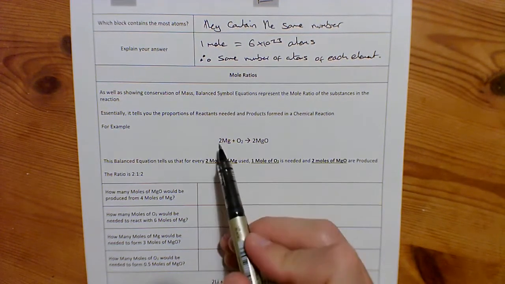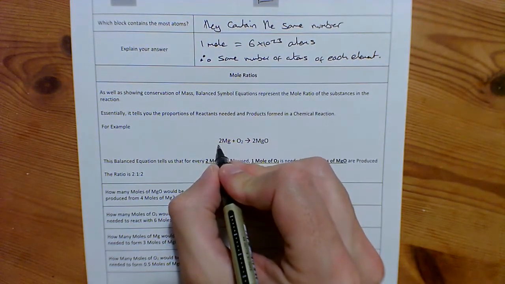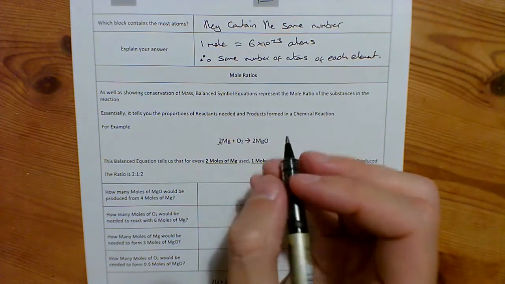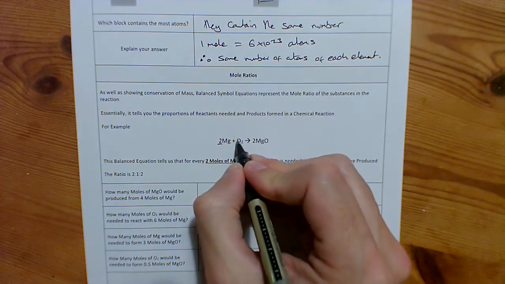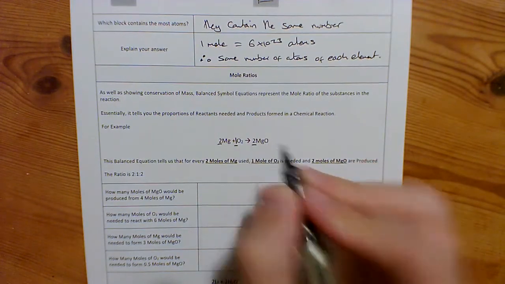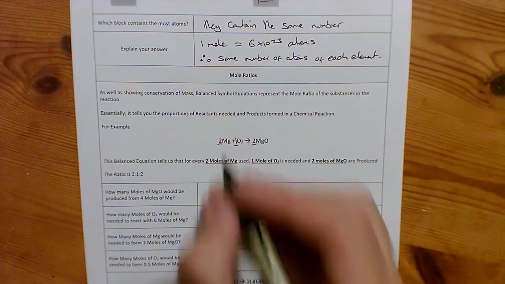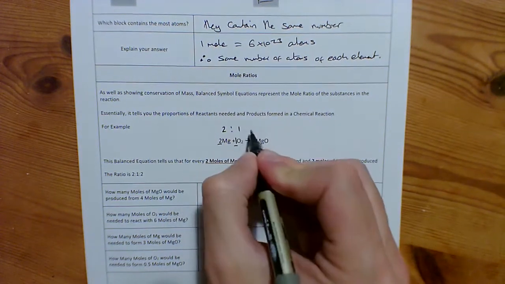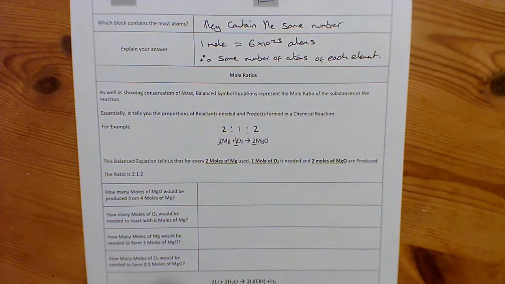So these numbers, these what we call coefficients, these large numbers that go in front, so here we've got 2, there's no number here which means it's 1, and then there's another 2 here, that gives us the ratio, and it gives us the ratio of moles, not of mass, the ratio of moles.